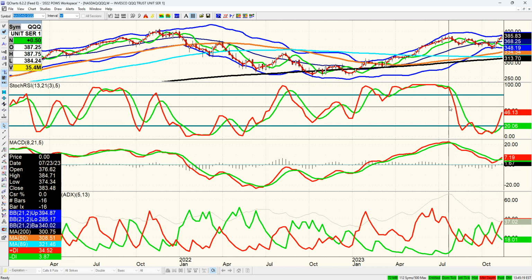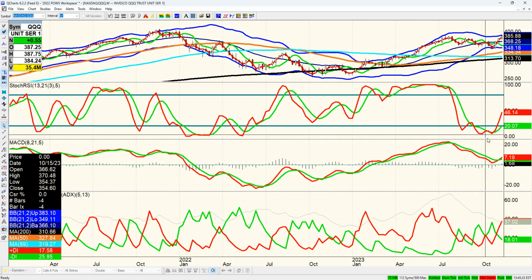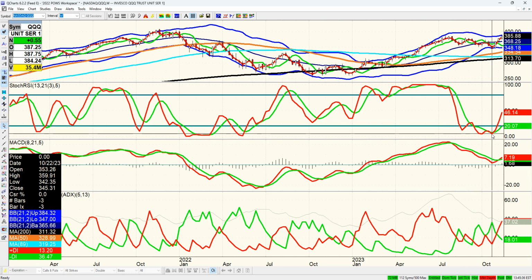All right, now this is Stoch RSI. It stands for Stochastics Relative Strength Index. Now, I don't have a detailed explanation prepared. However, what you look at is you look for the red line to cross the green, and ideally you'd like to see that happen if it's below this bottom horizontal line, okay?